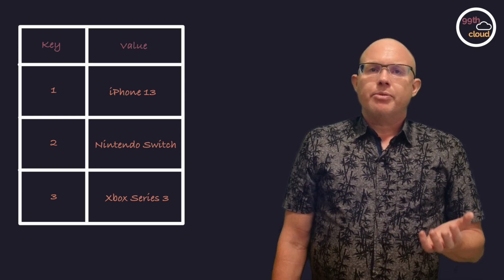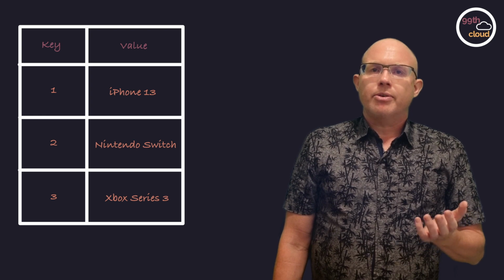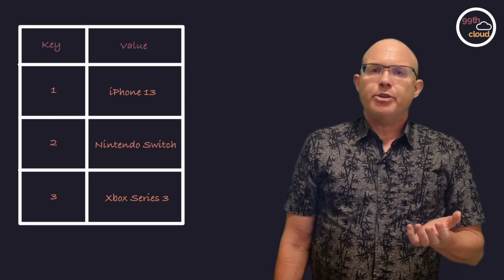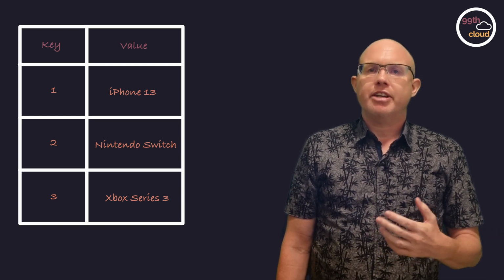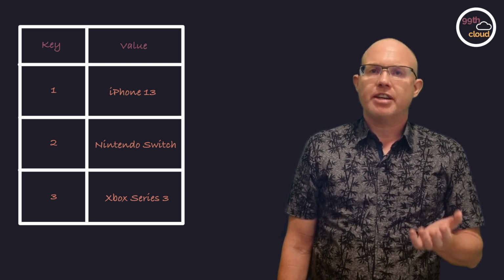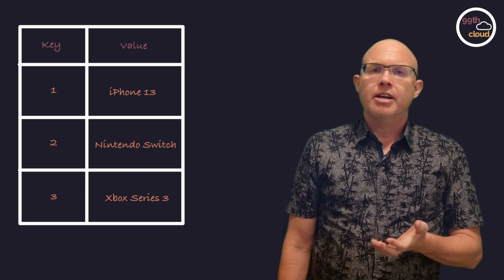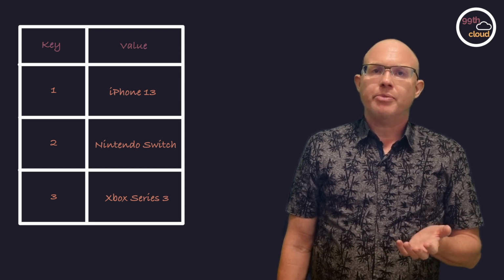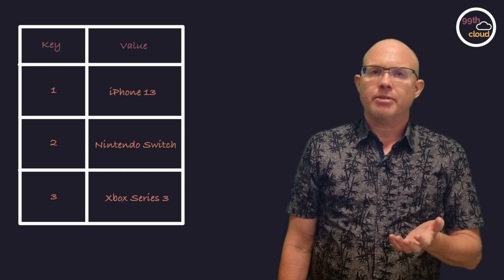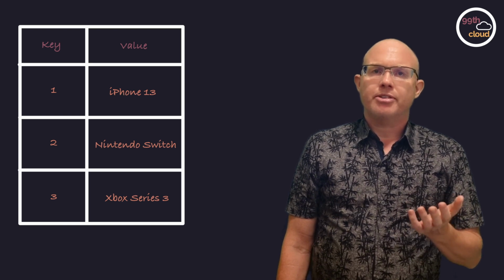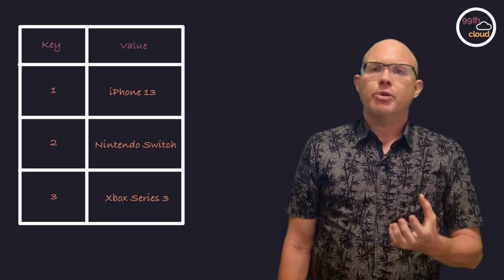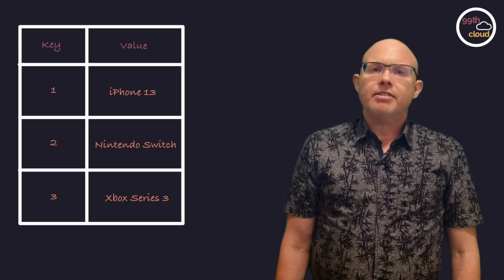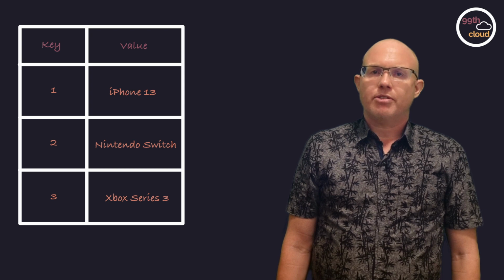But usually when you work with data, you don't only have a key and a value, you might have a key and several values. For example, when you have a product and you want to have several attributes per product, such as the name, the price and other attributes. Maybe you also have the requirement for different kinds of formats for how you want to store the data. And this is where the concept of a document store comes into play.